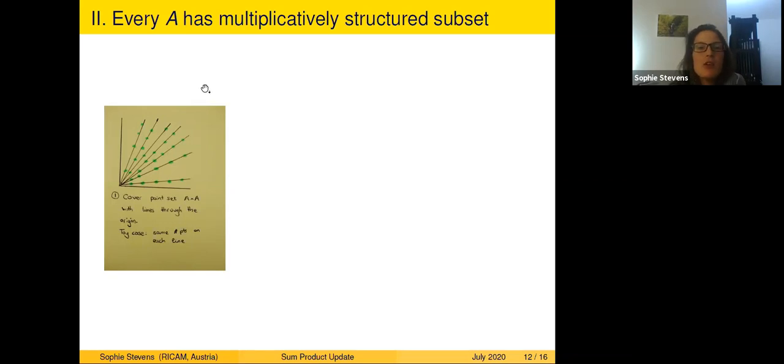If you've seen the sum product problem before, it won't come as a surprise that the first thing we're going to do is look at a point set, A cross A, and cover it with lines through the origin. All of these lines will have slope in A over A, this ratio set.